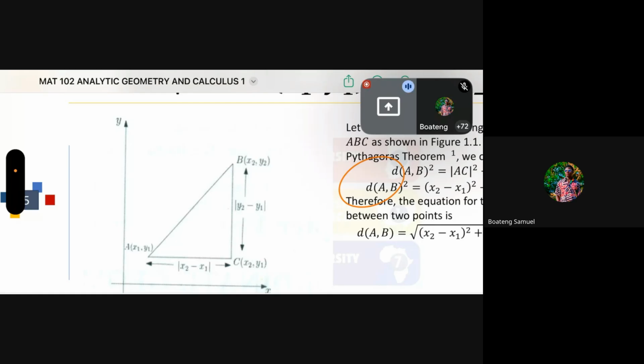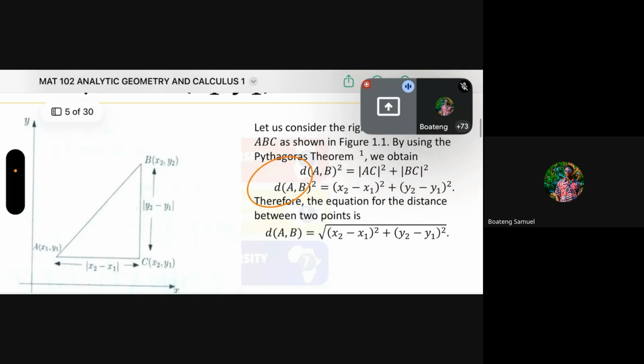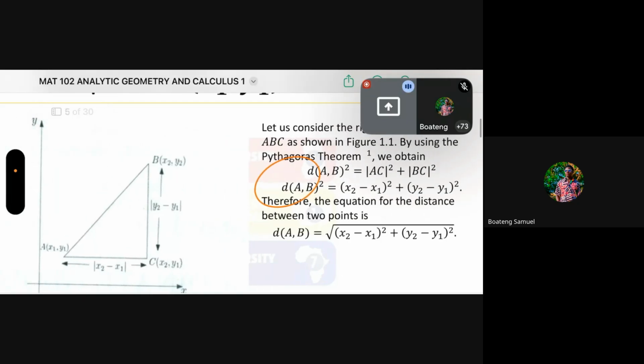Now, to help us find the distance from A to B, Pythagoras gives us a formula. It says that the distance from A to B squared is equal to the distance from A to C squared plus the distance from C to B squared. I don't know if you remember Pythagoras' theorem. Please, do you remember that?